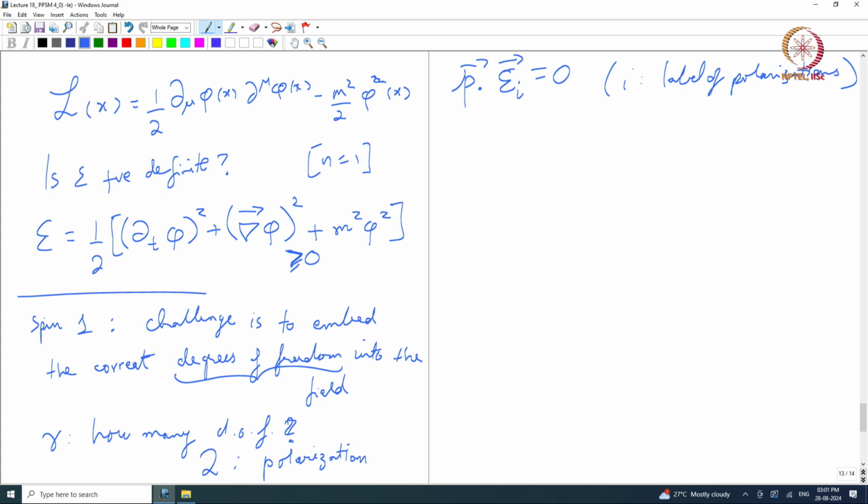Now I have to generalize this, correct. So generalize this to 4 vector notation. So that means I can literally define polarizations. Let me just carry the I downstairs so that there is no ambiguity again.